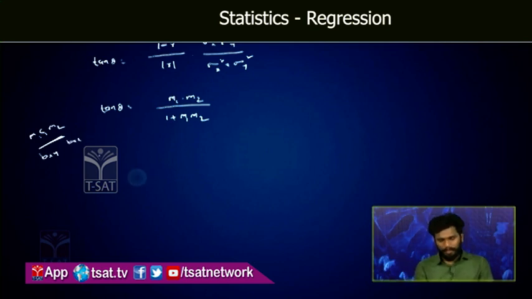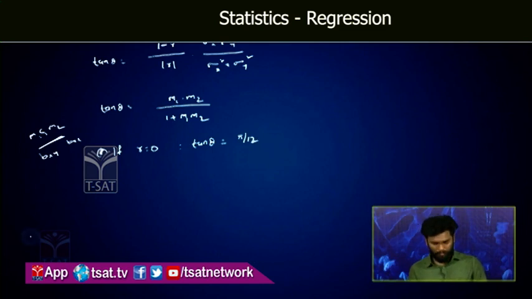Now, if r is equal to 0, what should happen here? Tan theta will become pi by 2. That means when tan theta becomes pi by 2, both lines are perpendicular, like this.